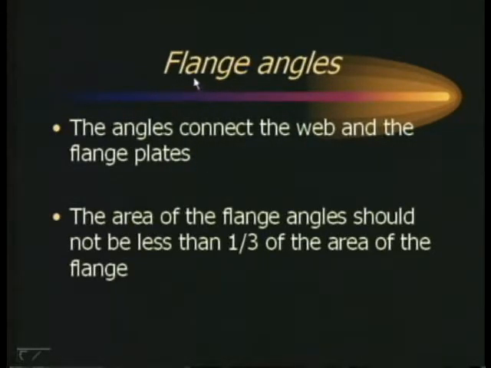And what is the area when you design? You have to have in your mind the area of flange angles to be provided. The area of flange angles should not be less than 1/3 of the area of the flange. When we make a design, it's a trial and error method.